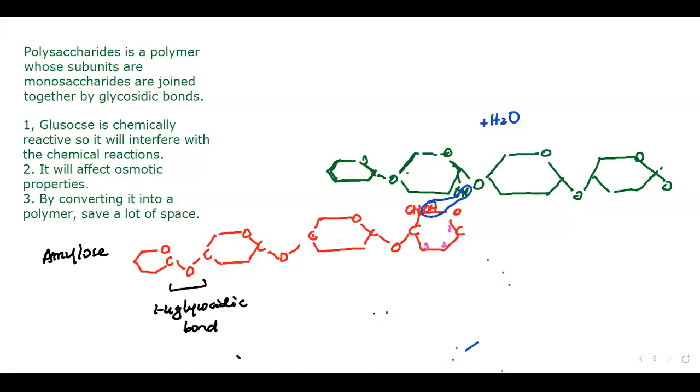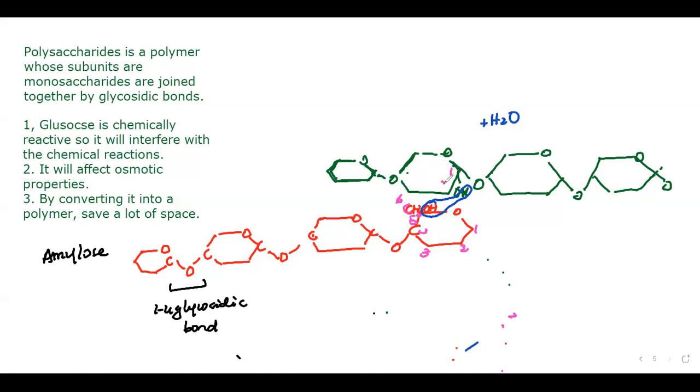One second. I need to draw the structure properly. So we have one, two, three, 4, 5. This is 5, and then this is 6.